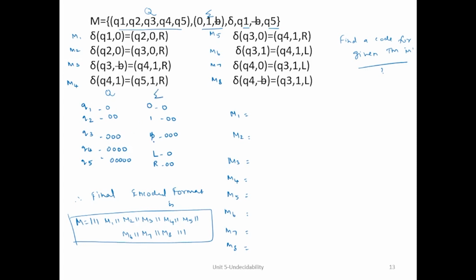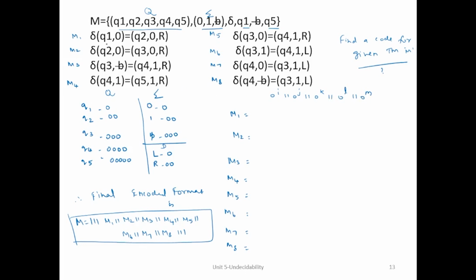And sigma contains 3 values, 0, 1, blank space. So I put the symbols here and the directions are 2 directions that will be specified with 00 or single 0. Then the generalized format is 0 power I, double 1, 0 power J, double 1, 0 power K, double 1, 0 power L, double 1, 0 power M.